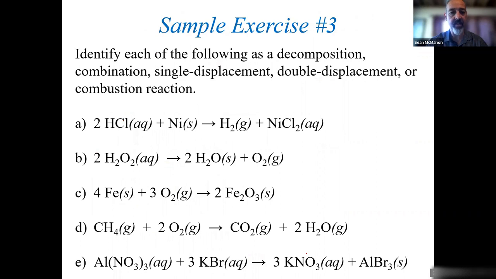All right. So for this first one, what do we notice? I have an element and I have a compound. The element's nickel, which is a metal. Here I have a new element and a new compound.